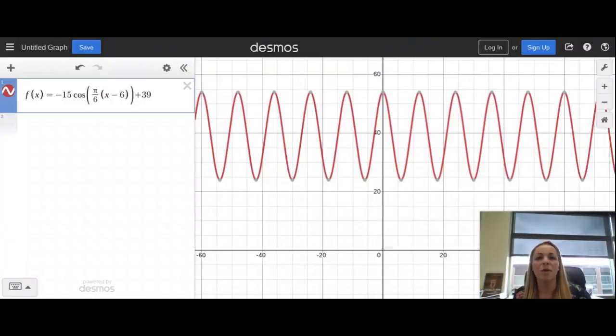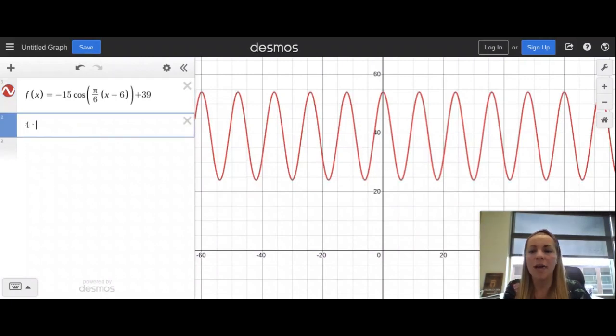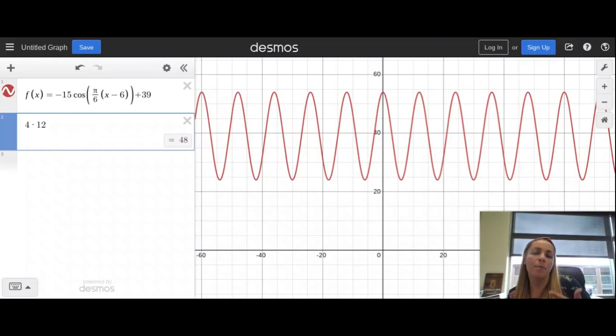For this problem, we're given the output instead. We're trying to figure out when the water is going to be 4 feet high. But since this problem is defined in inches, we need to take that 4 feet and change it into inches. So I'm going to do that first just by doing 4 times 12. So I know that my output has to be 48 inches.